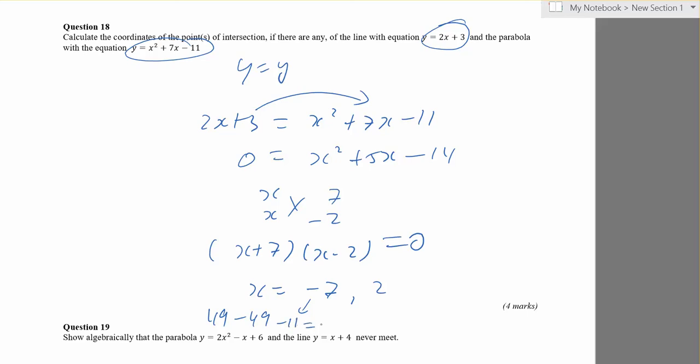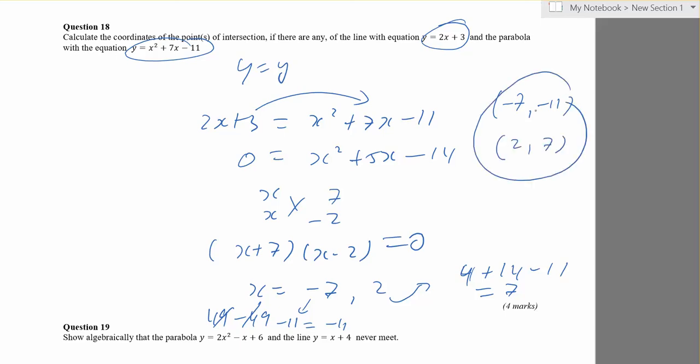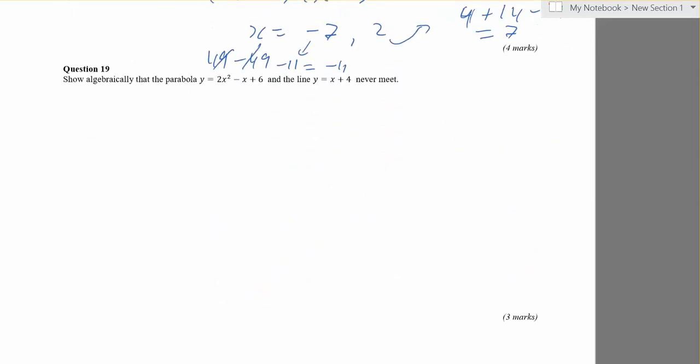They cancel, so you're left with negative 11. And when you sub in 2, you get 4 plus 14 minus 11. That's 18 minus 11, so you get 7. So the coordinates of the points of intersection will be negative 7, negative 11, and 2, 7. You need to make sure you write the y coordinate to get the full marks, because last year not everyone did.